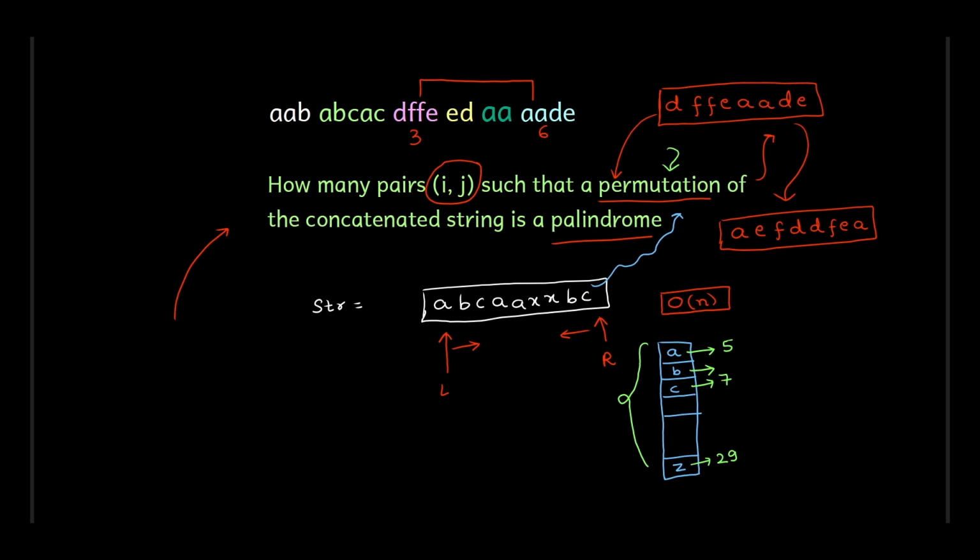You can realize that if the permutation is indeed a palindrome, then there will be a partition point over here. Suppose this is the partition point, and right now I am assuming that the string is of odd length.